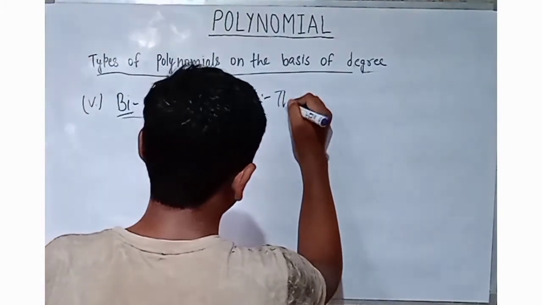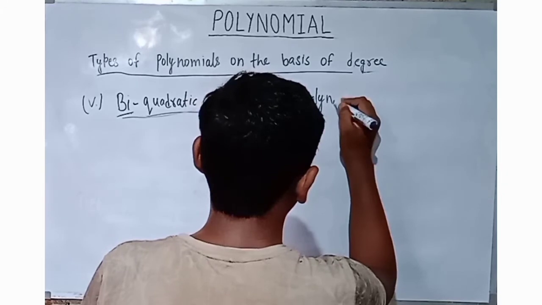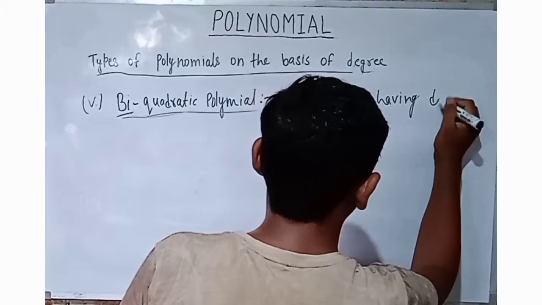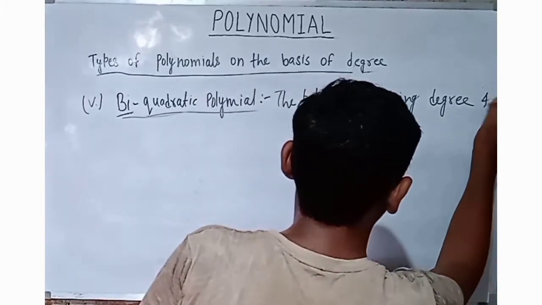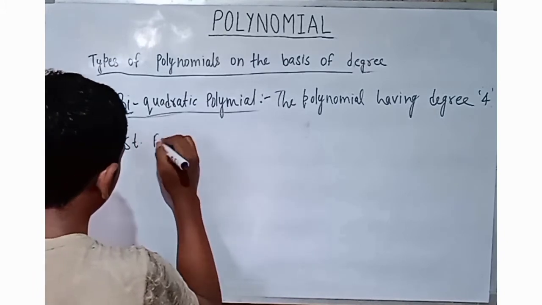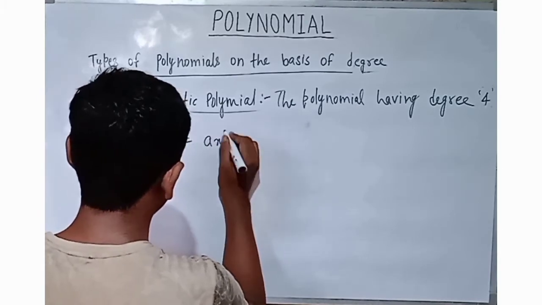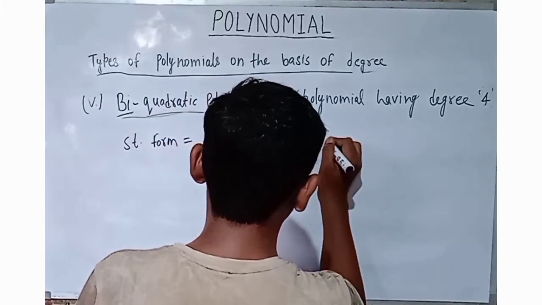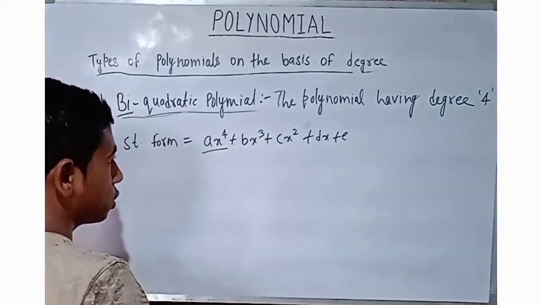Okay, the polynomial having degree 4. So the standard form of this polynomial will be ax to the power 4 plus bx cube plus cx square plus dx plus e, where a, b, c, d, e belong to real numbers and a should not be equal to 0.